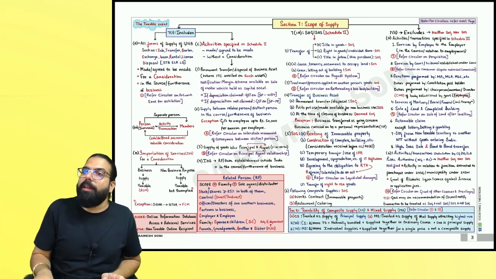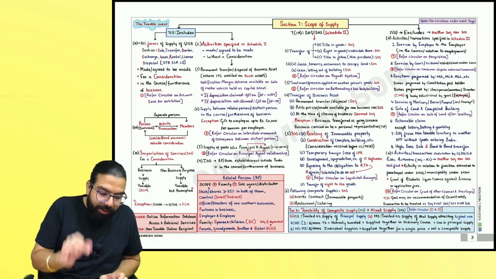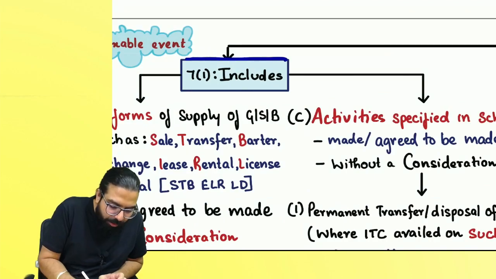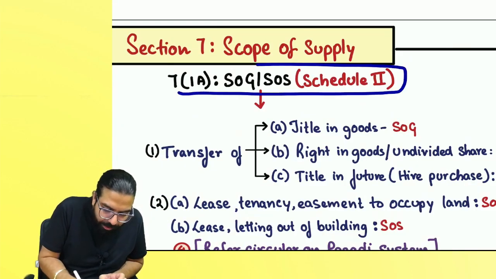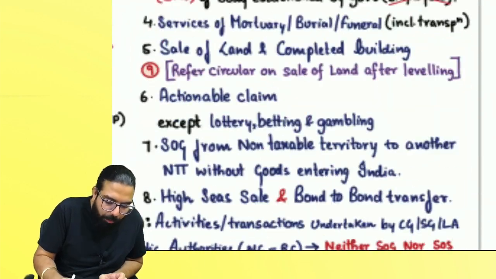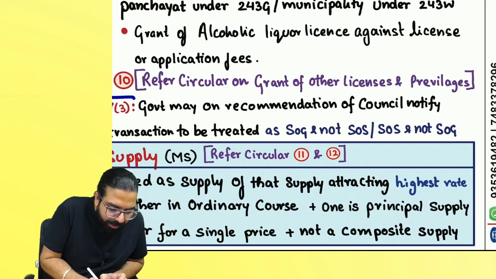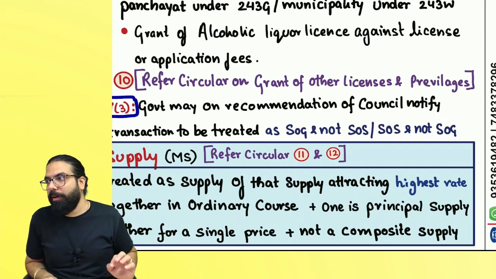When we learn supply, the most important section which comes is section number 7. Section number 7 is divided into section 7.1, section 7.1A, and section 7.2, and one more portion down there, section 7.3. There are 4 portions in section number 7.